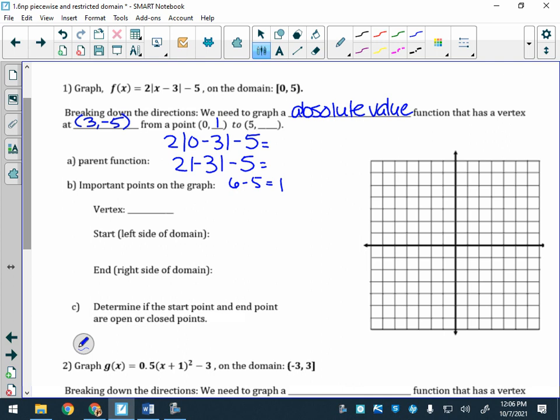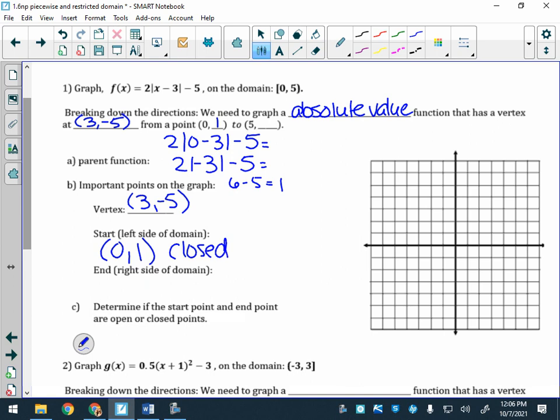So we know the vertex is (3, -5). Now, is (0, 1) going to be an open or closed circle? Closed, good, because of the bracket. Okay.